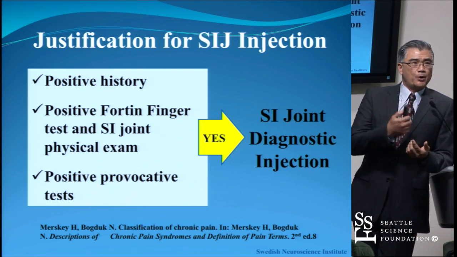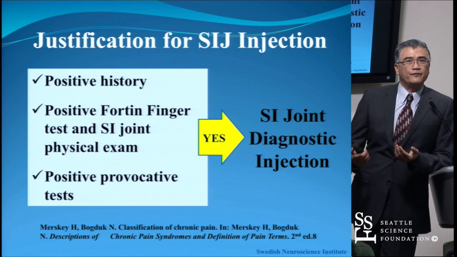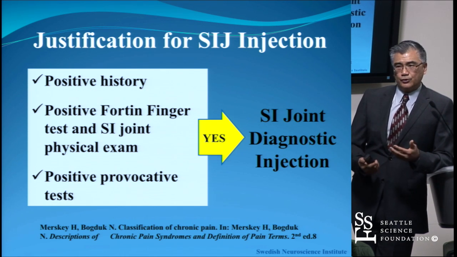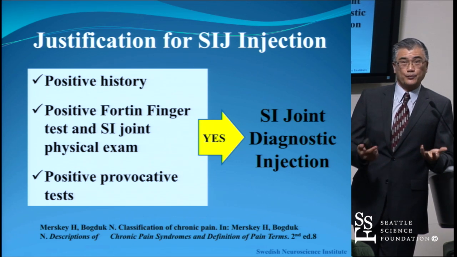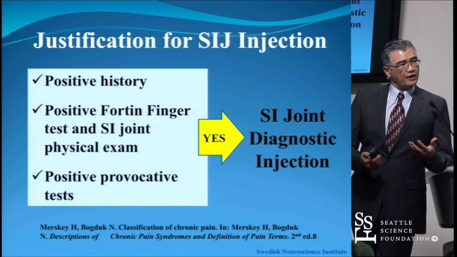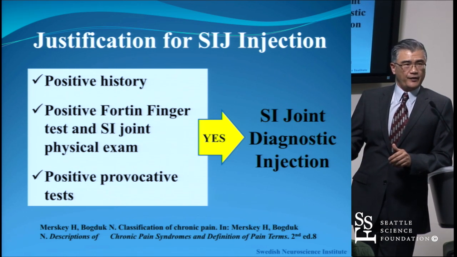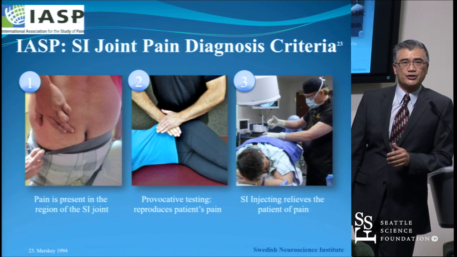So now, we get a positive history. Now we get a positive Fortin finger test. You also press on that, the patient says ouch and jumps, and now you start to torture the patient with some provocative tests, and they are also positive. Now, history and physical highly suggest it, but it's not diagnostic. So the next thing you should do is refer the patient for an SI joint diagnostic injection.